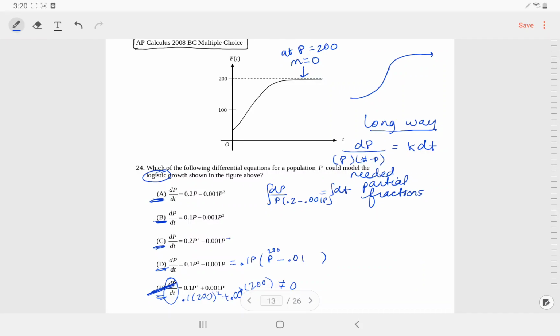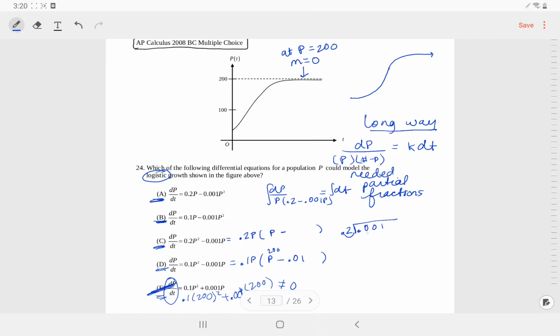So this is 0.2, and then that's P. Oh, we want to take a P out as well. And then that's P minus 0.001, and I need to divide 0.2 into that.